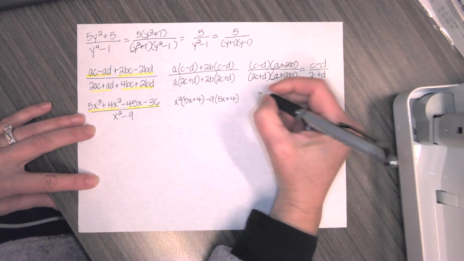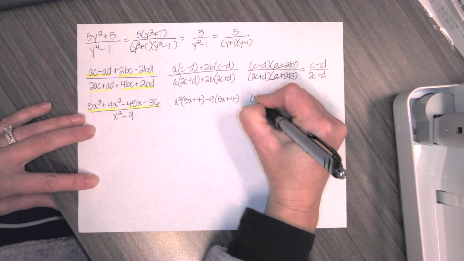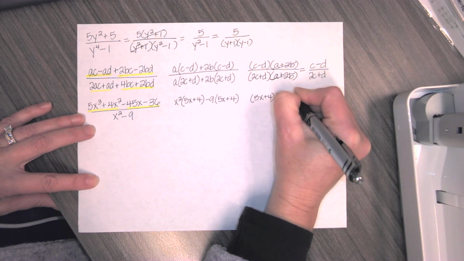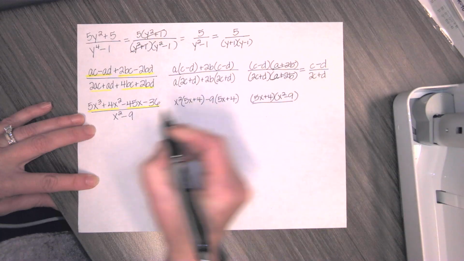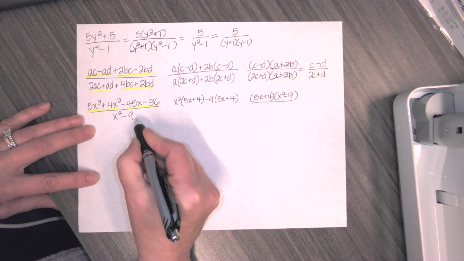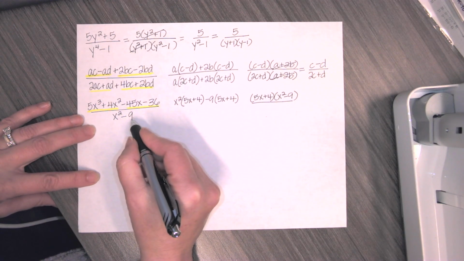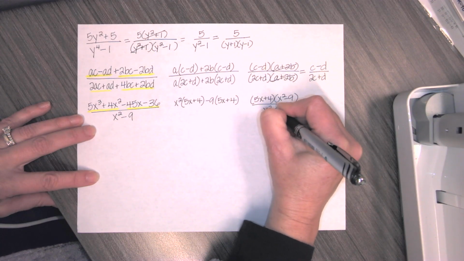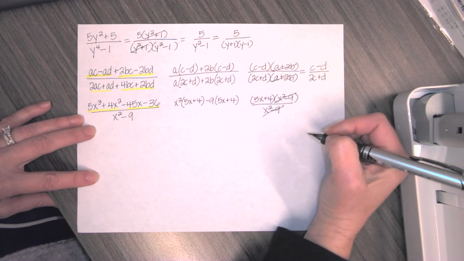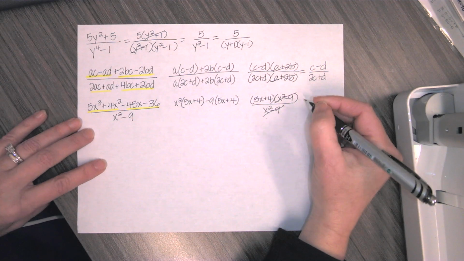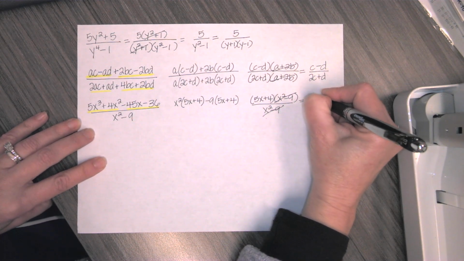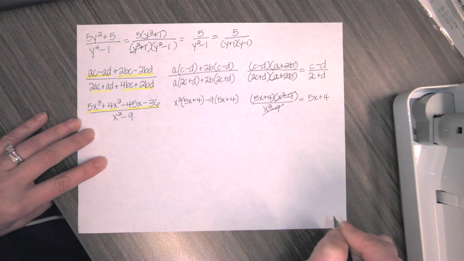And then that is going to be 5x plus 4 times x squared minus 9. Now I was going to go ahead and factor the bottom because that's the difference of squares, but now I see that there's really no need to do that because that and that match, so there's no need to do that extra work. I will just end up with the answer 5x plus 4.